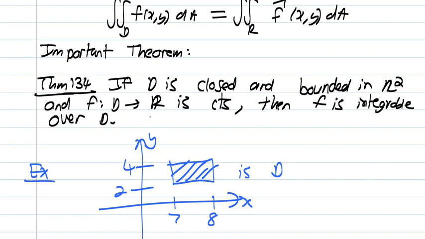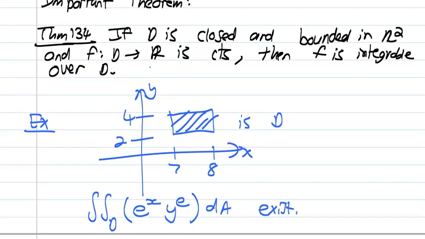Here is a little example that I conjured up. Here D is defined as this region. I'm going to make this the value 7. So D is defined as this rectangle plus this triangle. So D is clearly a closed and bounded set.